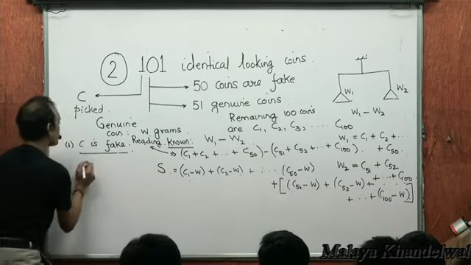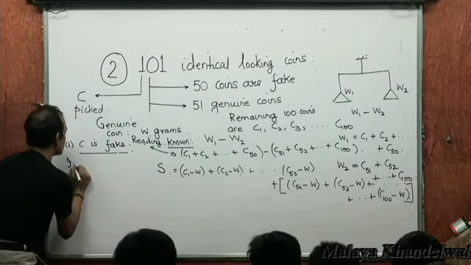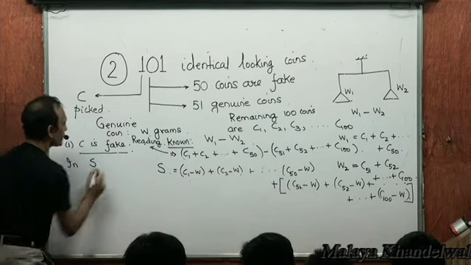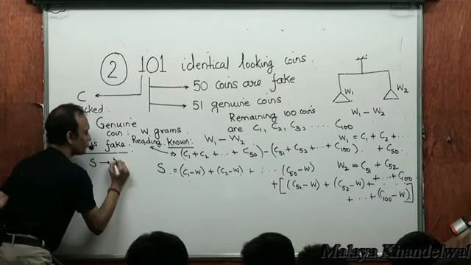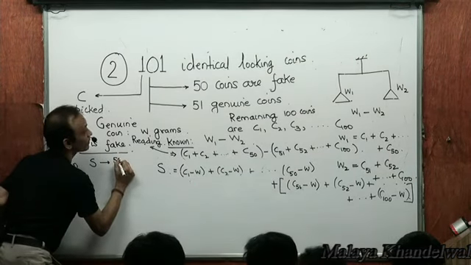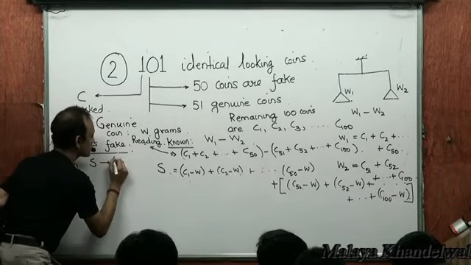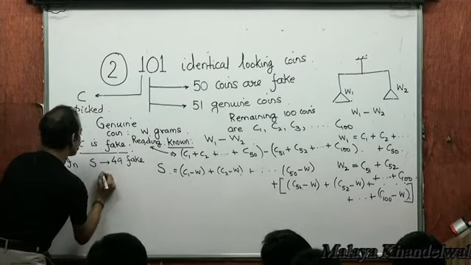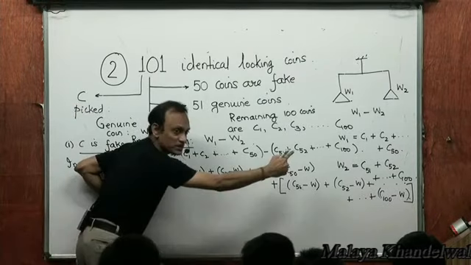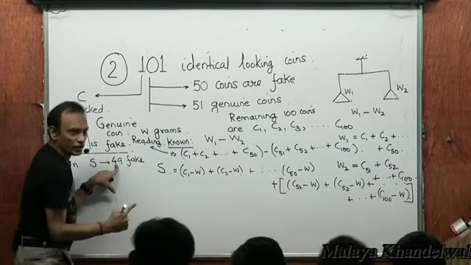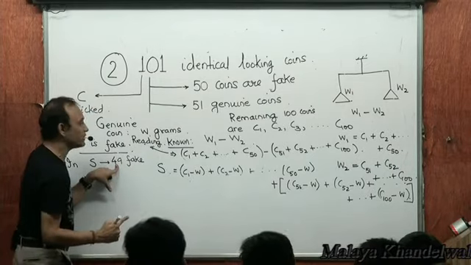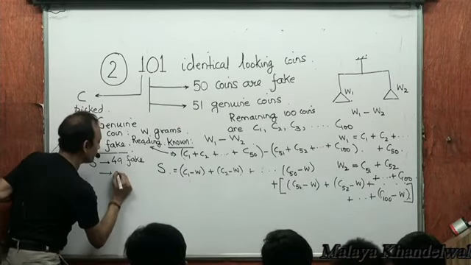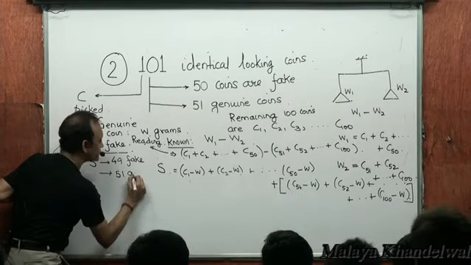That means if C is fake, then in S there would be 49 fake coins, and in this, right, 49 of these CIs would be fake and 51 of these CIs would be genuine.